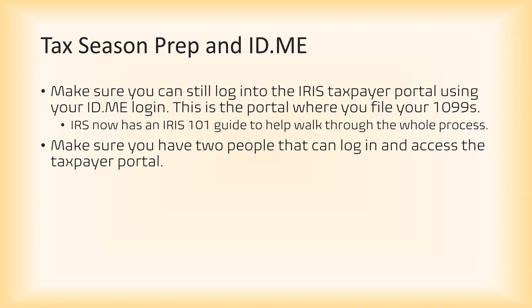So if you happen to have a new employee that replaced an employee that had access, you're going to want to log in and remove the other employee and add in your new employee and then have them sign in, and they have to sign it themselves for both of you to get access. So they're going to have to create their own ID.me account and everything if you got a change in who uses it. So I just want to make sure. And it's best to get it now as opposed to in December.